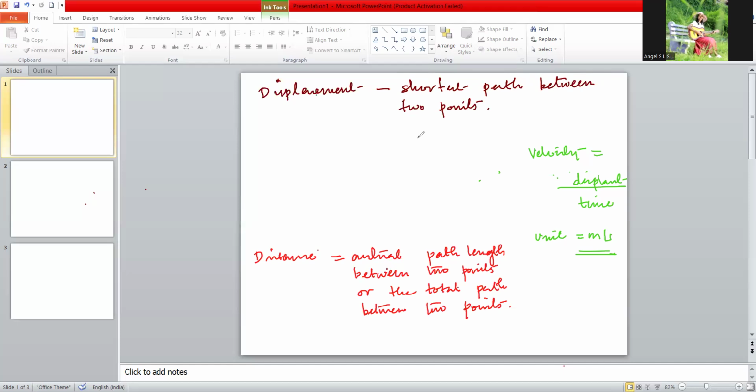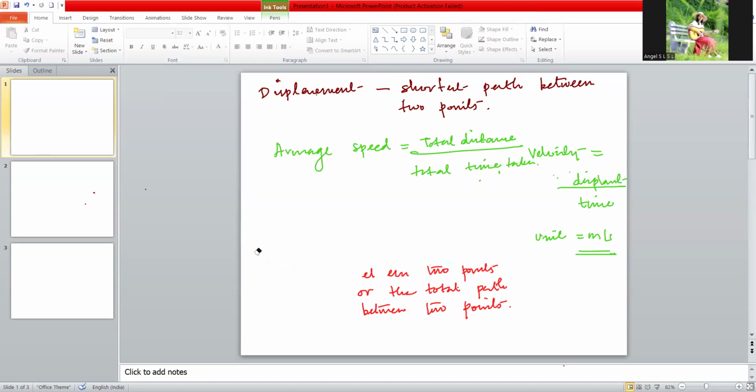Okay, now I'd like to give some problems here, and we'll go for one equation, average speed. Okay, you know what is average speed? Average speed is equal to total distance by total time taken.